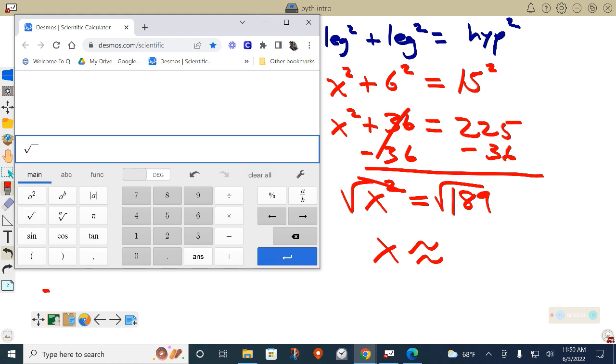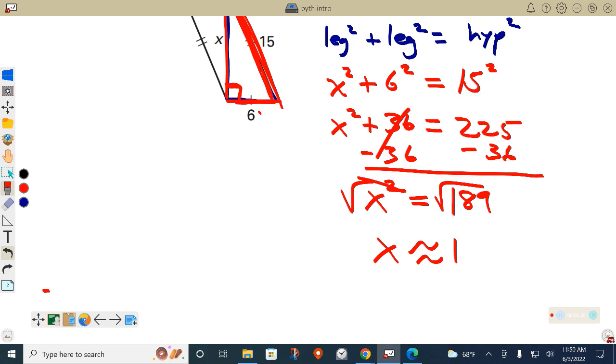The square root of 189 is 13.7 to the nearest tenth. I love it. So it's about 13.7, approximately. So on your notes, go ahead and put approximate. That's an approximate answer.